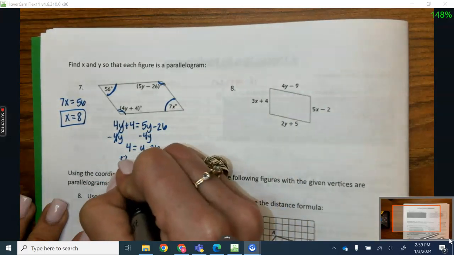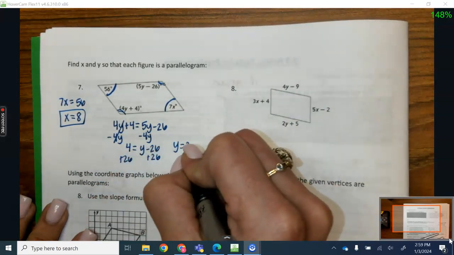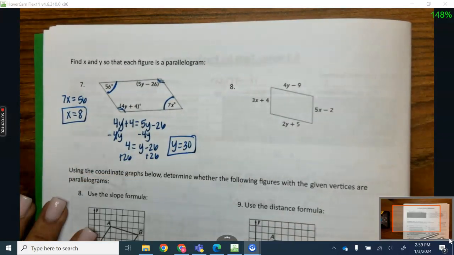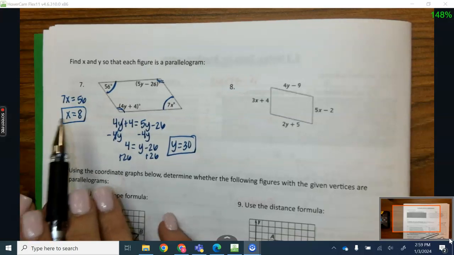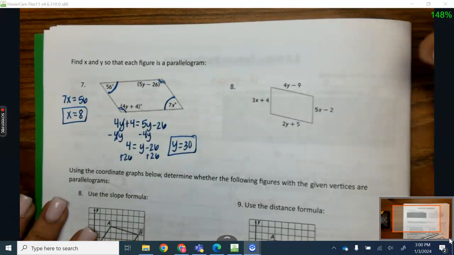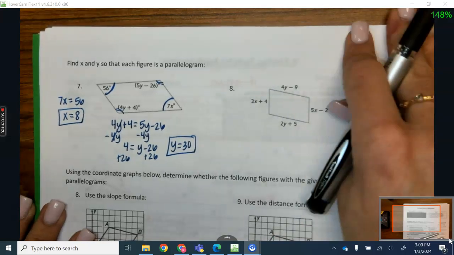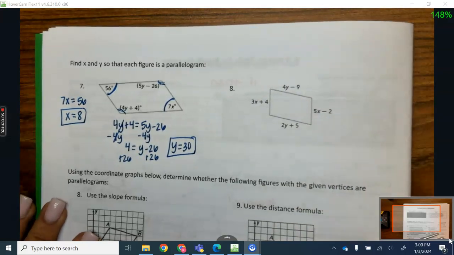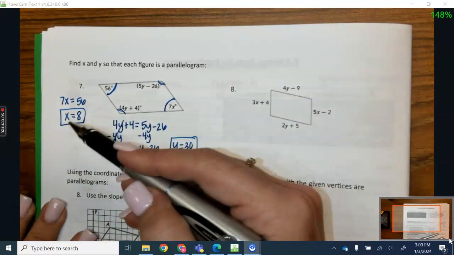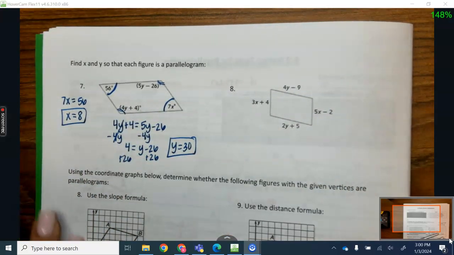Add over 26, so y is equal to 30. So the only way for this figure to be a parallelogram is if x is equal to 8 and y is equal to 30. That's what it's asking you. So yes, you're solving the exact same way, but what it's saying is find these values so that it's a parallelogram. It can only work with this x value and this y value.